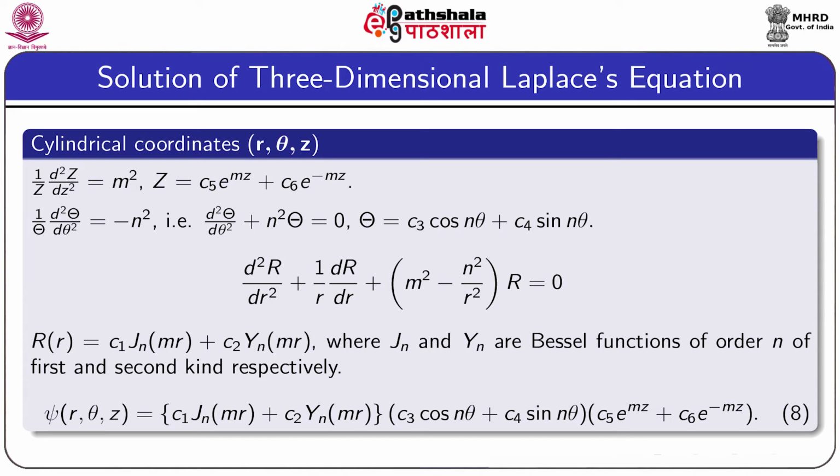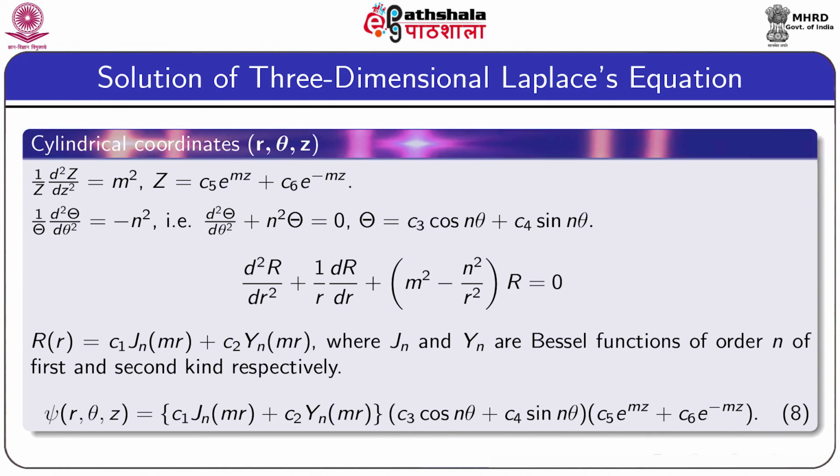Since in this physical problem the point r = 0 is included, Yn is not defined at r = 0. Thus, we need to omit the term Yn, and since the solution is independent of θ, we must take n = 0.